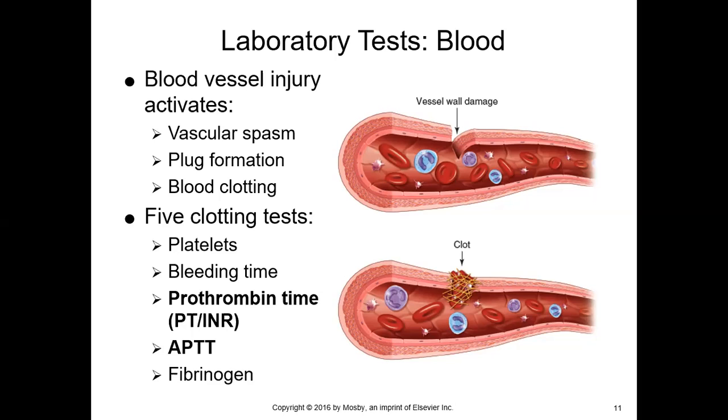So different types of clotting factors for different types of injuries. So we may be looking at how long the body takes to clot using one type of clotting factor versus another type. We can also look at the individual types of clotting factors and if there are deficiencies in those. And so if someone has a problem with bleeding and we've looked at platelets and platelets are normal, they're going to look at the other types of clotting factors as well.